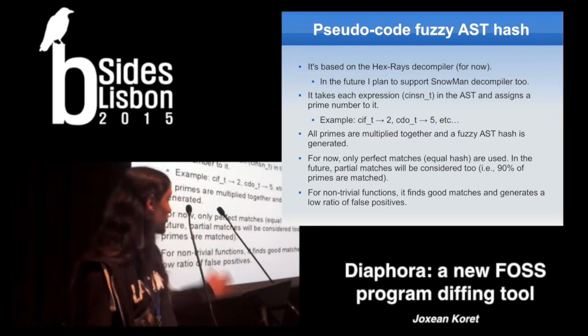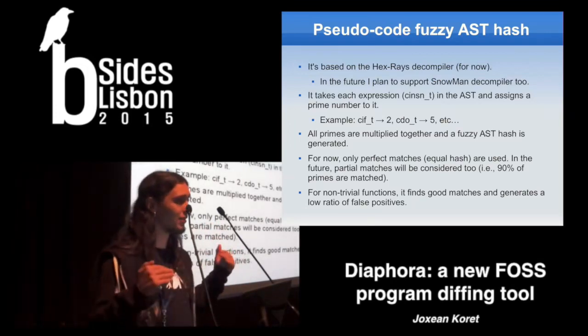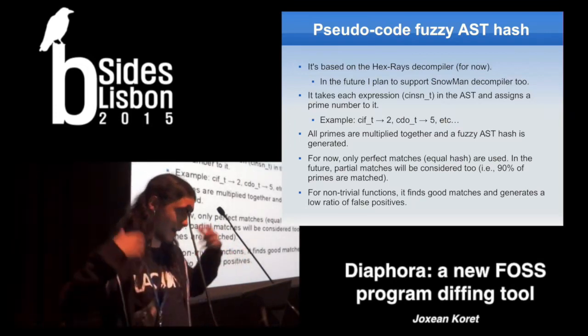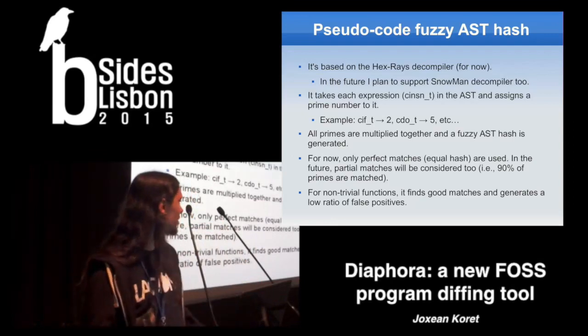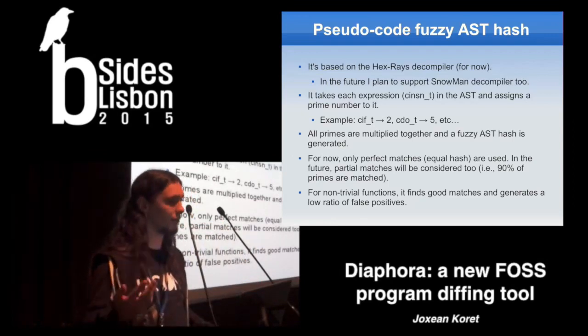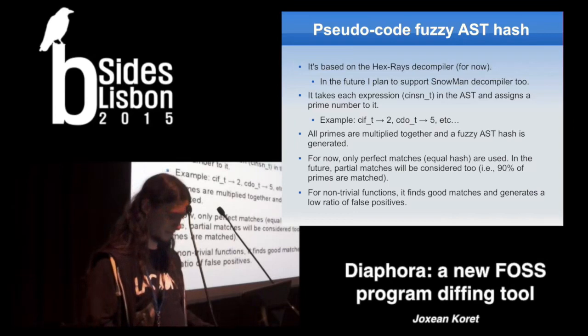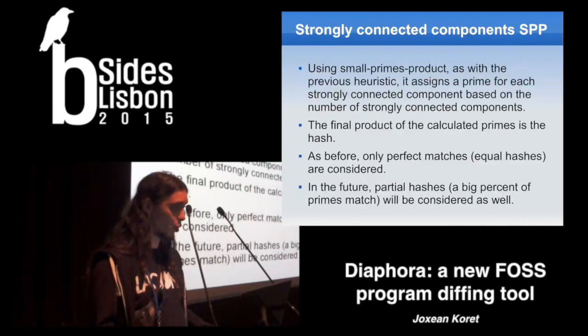For non-trivial functions, I mean big functions with a good number of instructions, it really finds good matches. Next, the strongly connected components small primes product.